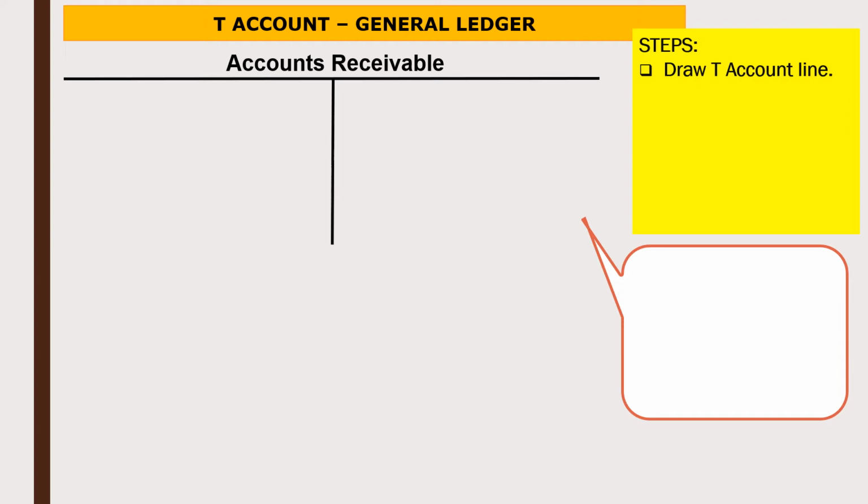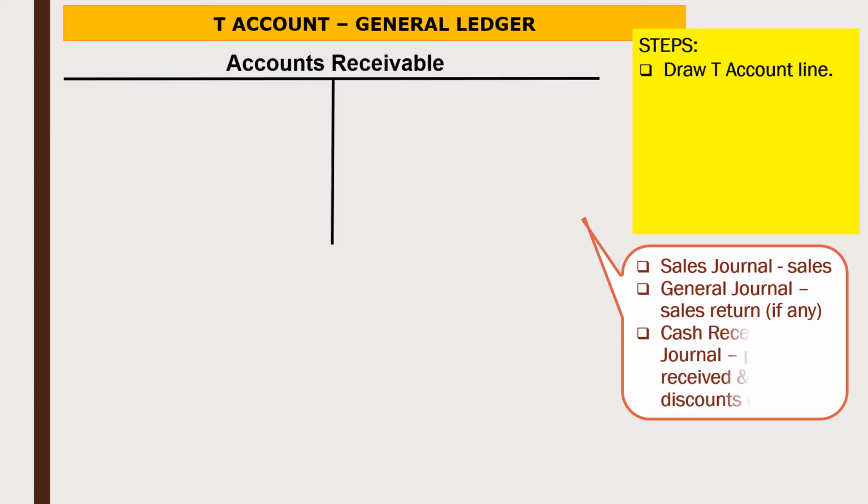For accounts receivable, the journals involved are Sales Journal for sales, General Journal for sales return, and Cash Receipt Journal for payment received and discounts.